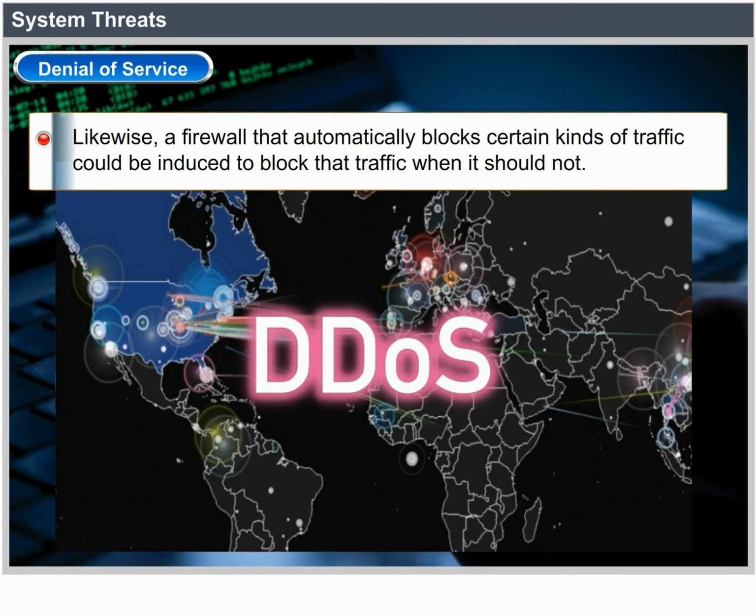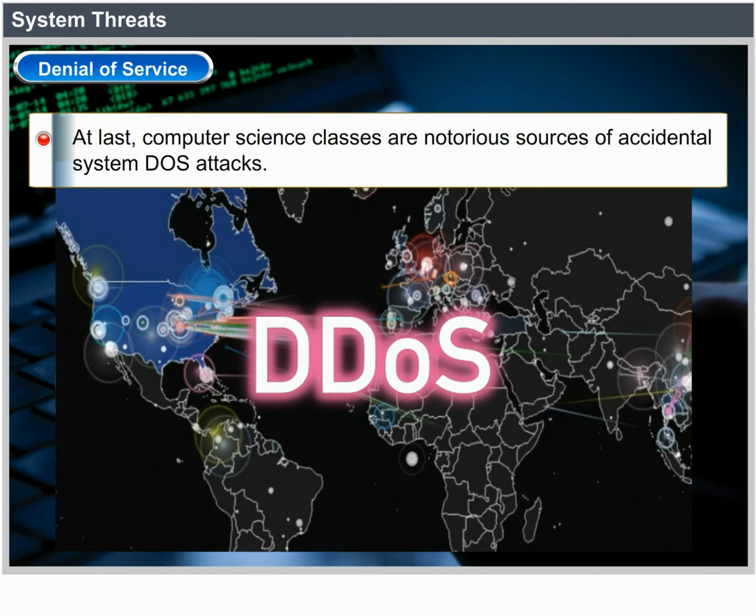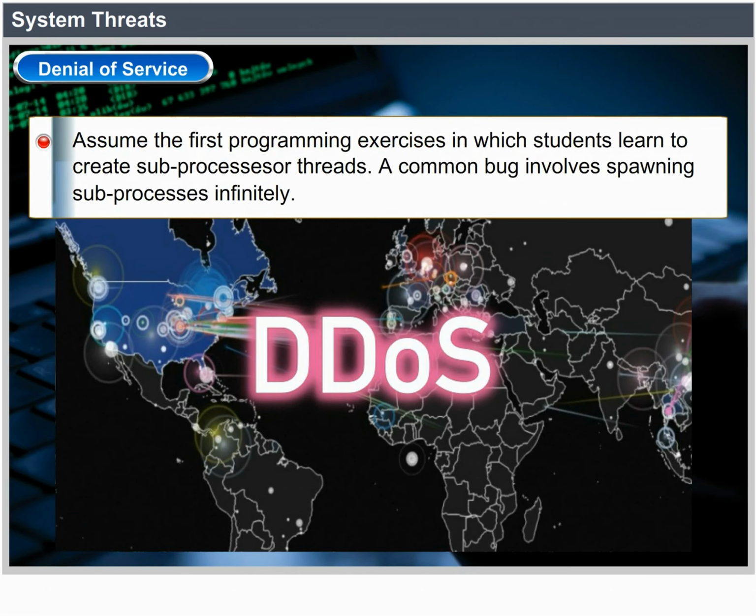These examples suggest that programmers and system managers need to fully understand the algorithms and technologies they are deploying. Finally, computer science classes are notorious sources of accidental system DOS attacks. Consider the first programming exercises in which students learn to create subprocessor threads. A common bug involves spawning subprocessors infinitely.